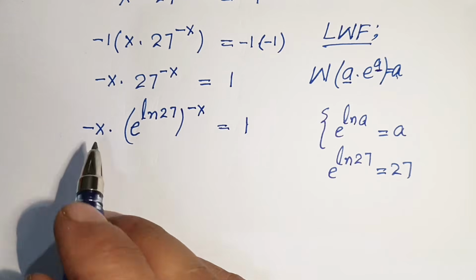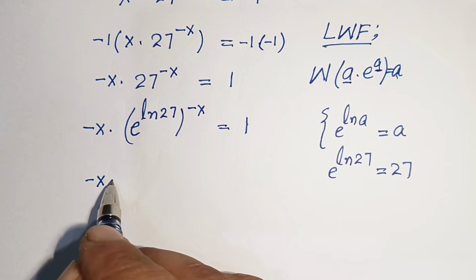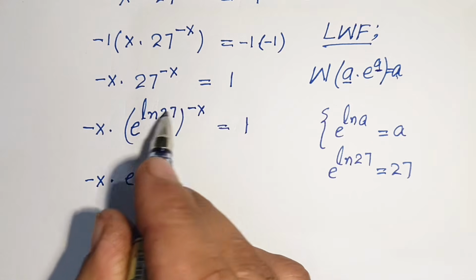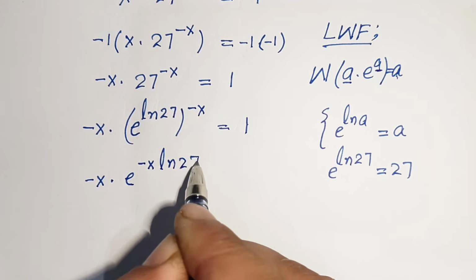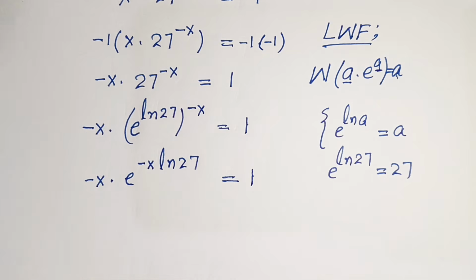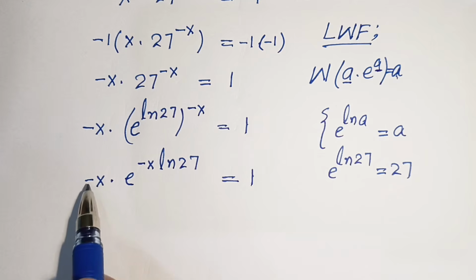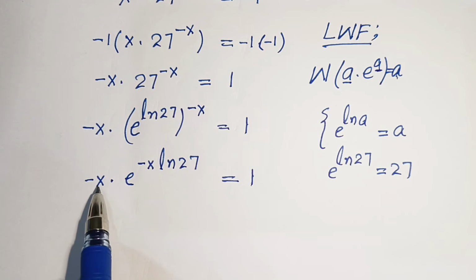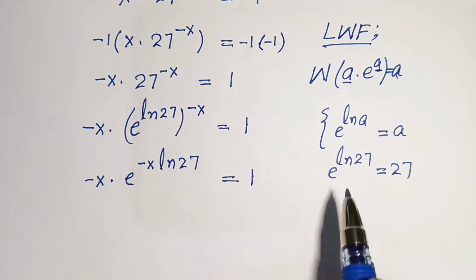Now by using exponential laws we get minus x times e to the power, it can be written as minus x times natural log of 27, which is equal to 1. Now we see that here we have minus x natural log of 27 and it is only minus x. So natural log of 27 is missing here. We have to multiply by natural log of 27 on both hand sides.